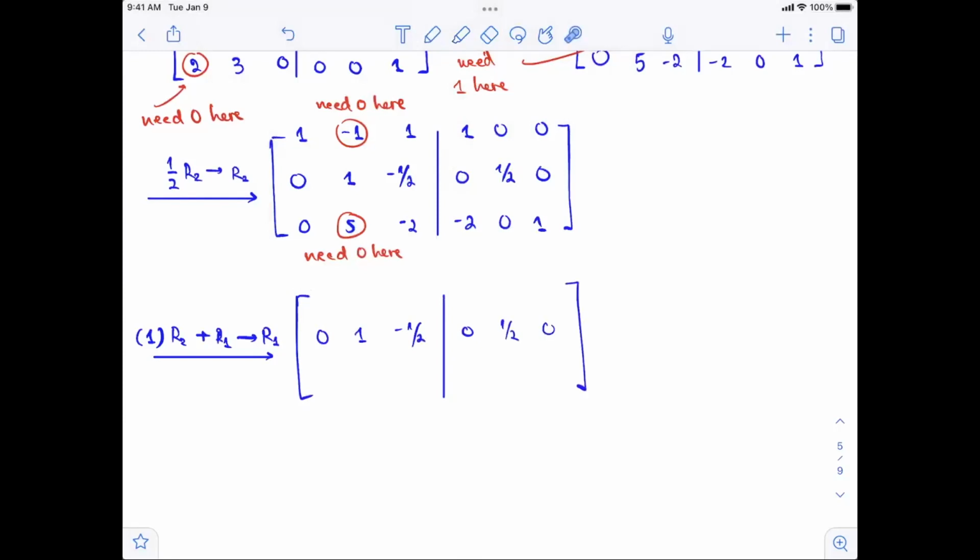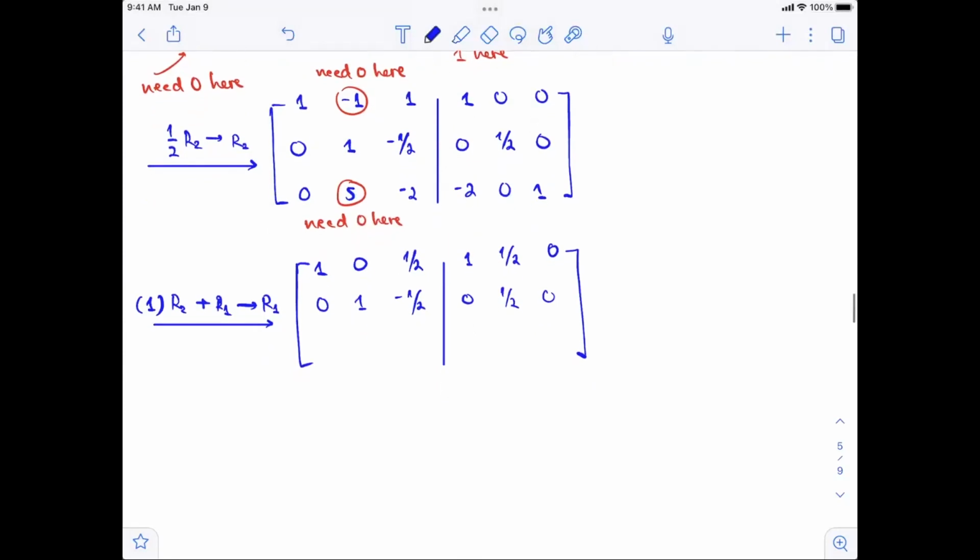Now row 1 becomes, so 1 times 0 is 0 plus 1 is still 1. 1 times 1 is positive 1, added with negative 1 is 0. 1 times negative 1/2 plus 1 is positive 1/2. And then so on and so forth. This is 1, this is positive 1/2, this is 0. Okay, so that's the new first row.